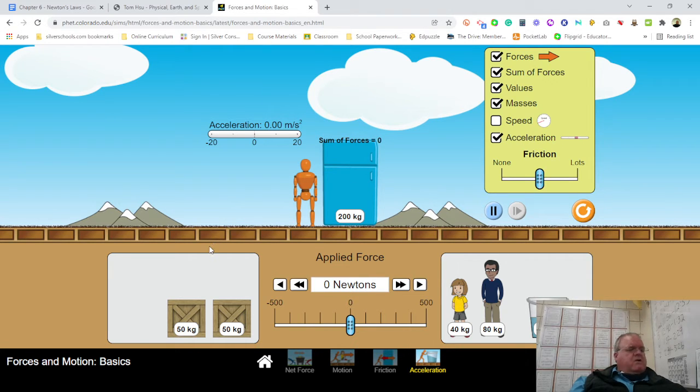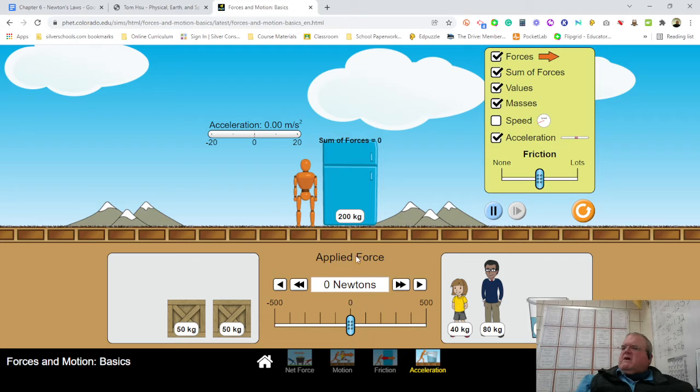So what I want to do is make a data table with three parts: net force, which will be the sum of my forces, mass, and acceleration.